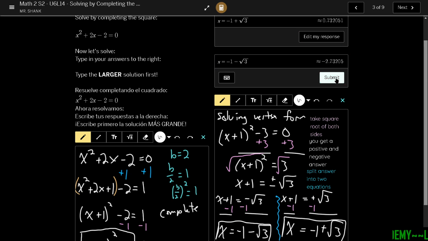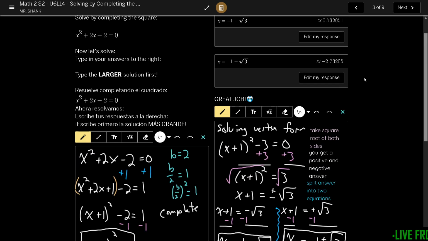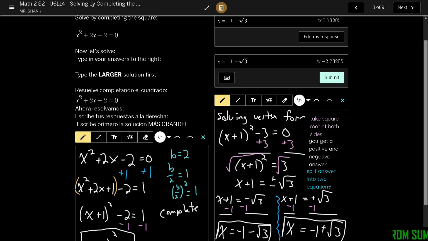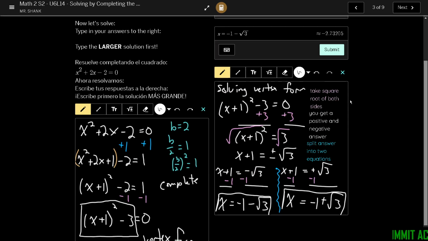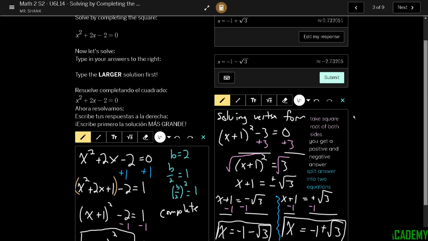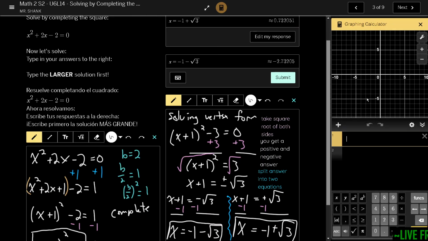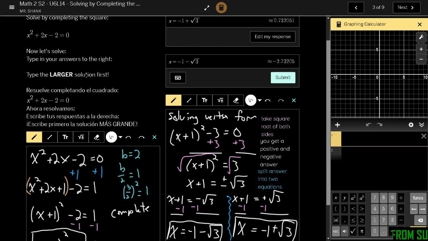Let's see if I get these right. It does have the pop-up there, but even though I have this little pop-up to show if it's right or wrong, I want to prove to you guys that I know it's right, because on your test, you're not going to have a little pop-up thing. You're going to have only your graph and yourself. So I can graph out my original equation, exactly as it looks, or you can type in your vertex form.